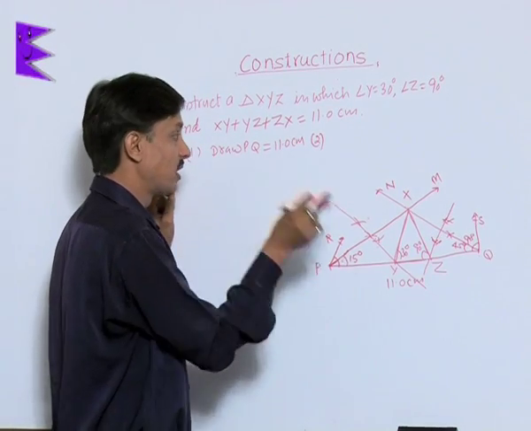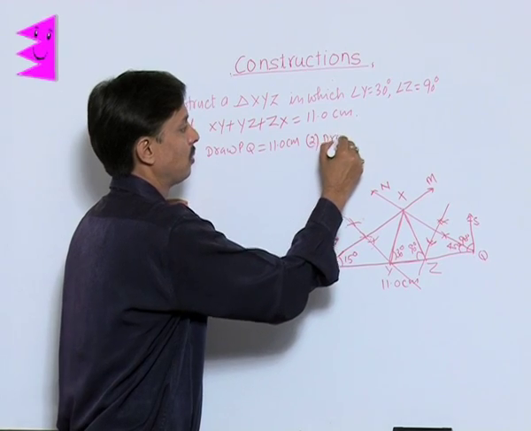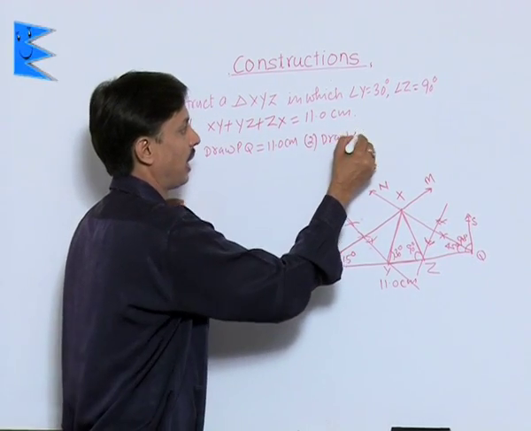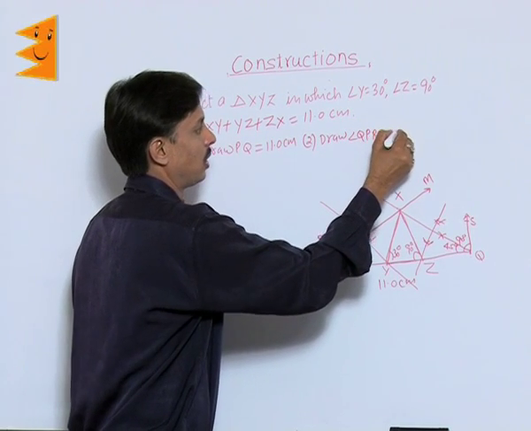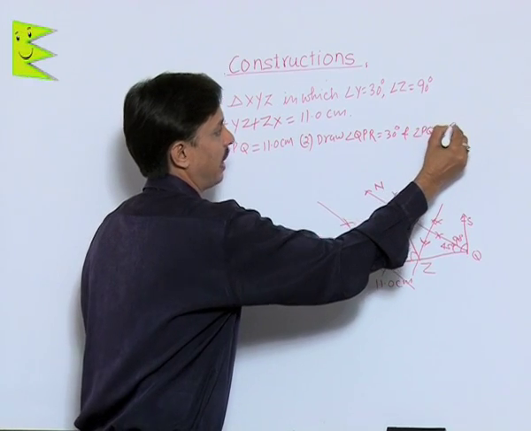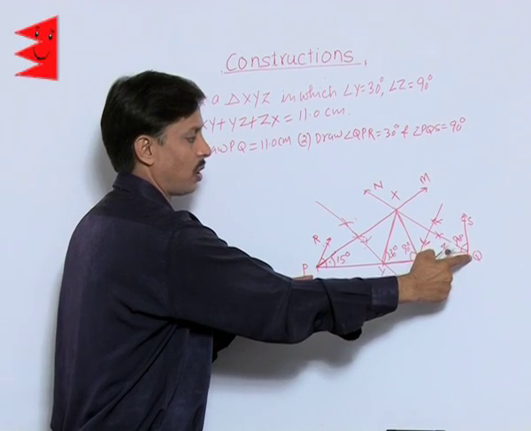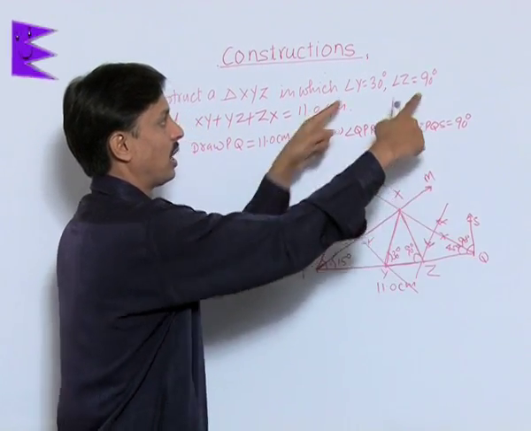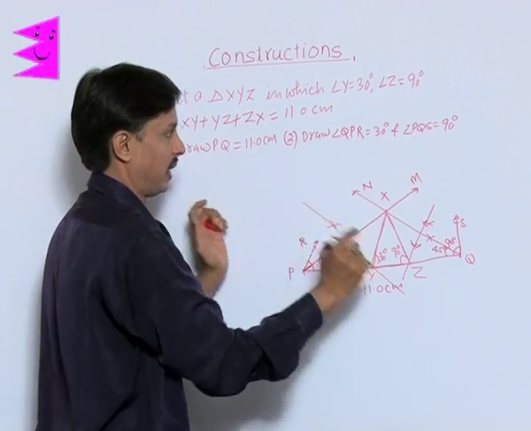The second step for the construction is, draw angle QPR, which is 30 degree, and angle PQS as 90 degree. That is, on the end points of the line segment equal to the perimeter, draw the base angles as given.